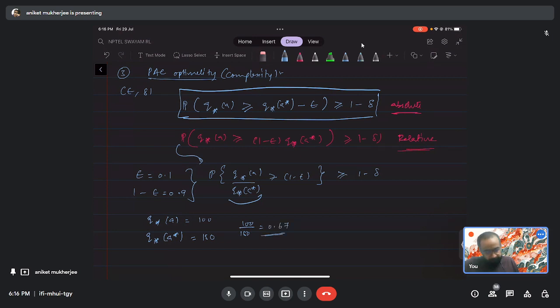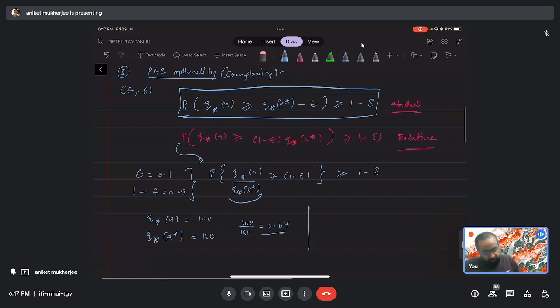So it's not satisfying. But if Q star is 10,000, very high, and Q star A star has the same difference, 50, 10,000 and 10,050, you would get something which is 0.995 or something like that, which satisfies the bound.